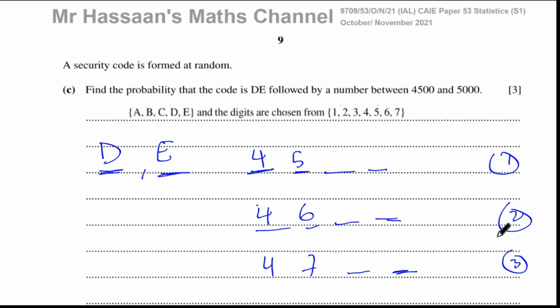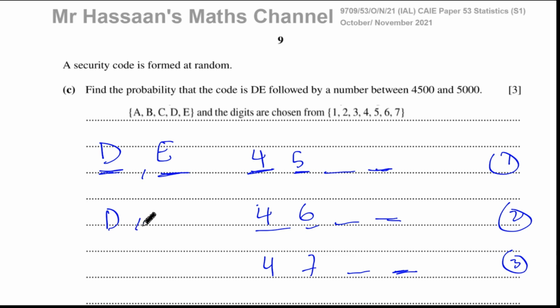So these are 3 different cases that we can consider here. So you have 4, 5, and then 2 spaces for the other numbers. 4, 6 fixed, and 2 other numbers, and 4, 7 fixed. There's no other number greater than 7, and all the other numbers will be less than 4,500. If I put 4, 4 here, it will be less. So these are the 3 cases that we need to consider.